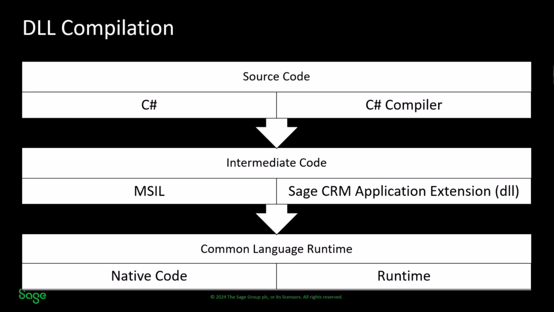And then within the context of the common language runtime within the operating system, that is turned into the native code needed to run as a DLL. That's the runtime environment that we have.